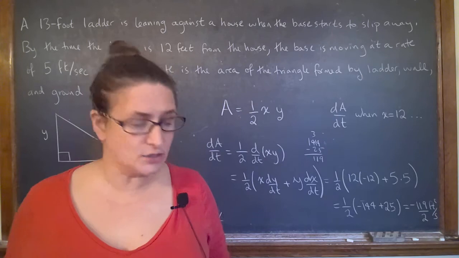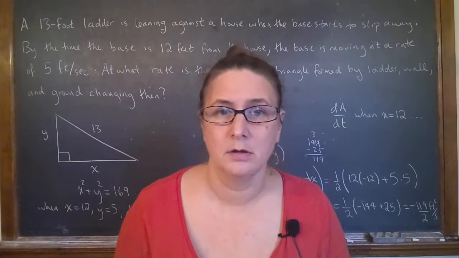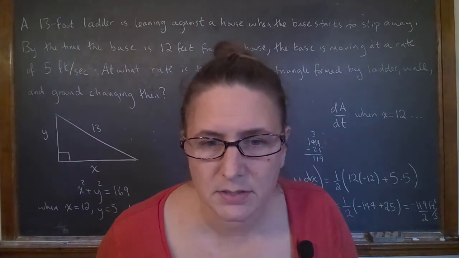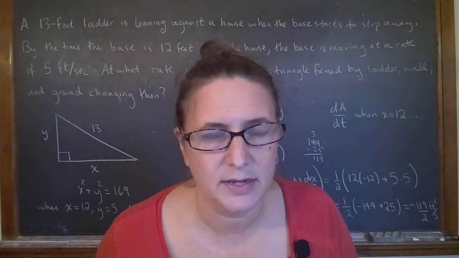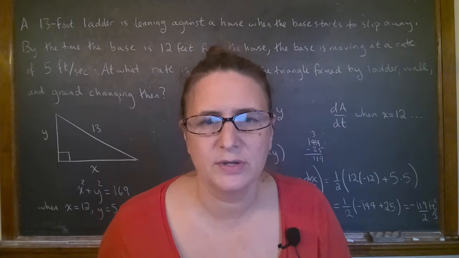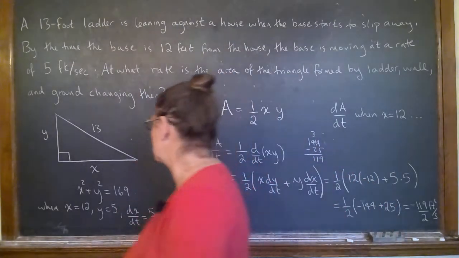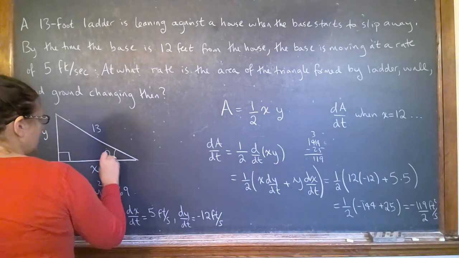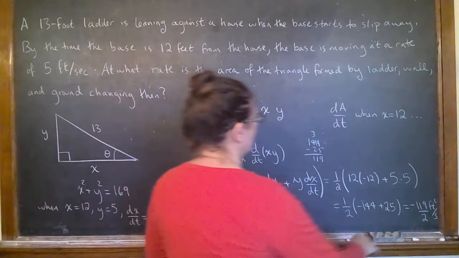Okay, so there's actually one more thing I can do with this. I'm sure there's more, but there's one more standard one. At what rate is the angle theta between the ladder and the ground changing? So there's theta. Let me write that up.